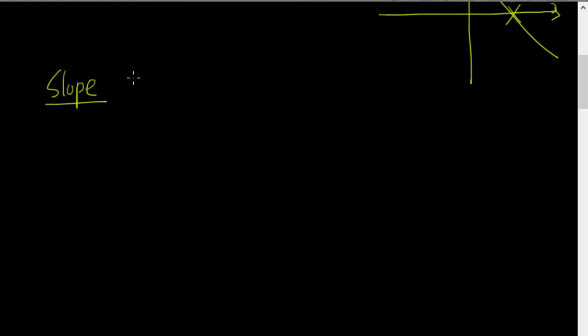Now, when we say slope, we usually use the letter m for slope. So when you see m from now on, you can assume that they are talking about slope. So let's say a line goes like this, and we need 2 reference points. Let's say this point is the x1, y1 point.